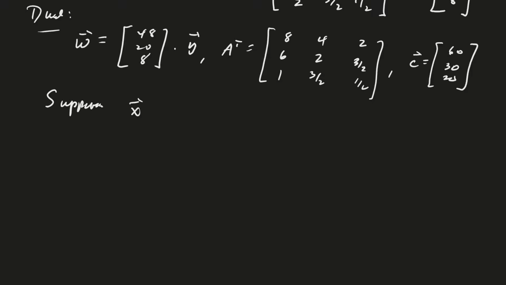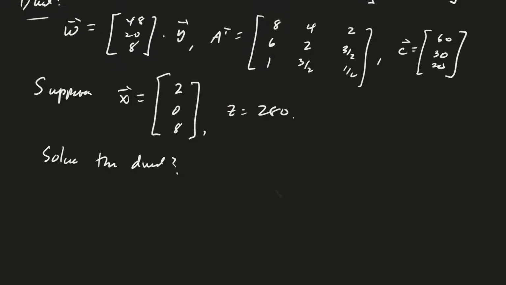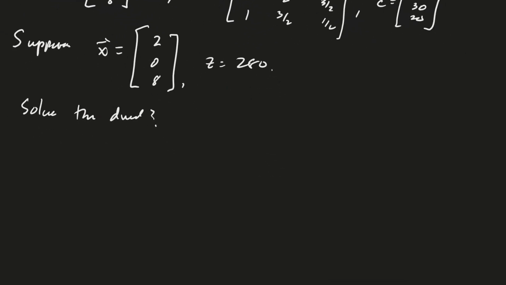Now, suppose that we know our optimal x is 2, 0, 8, and z is 280. Can we solve the dual? Well, let's see how we're going to do that. As a general rule of thumb, we've got our x1, x2, x3, our slack variables s1, s2, s3, and then our excess variables.